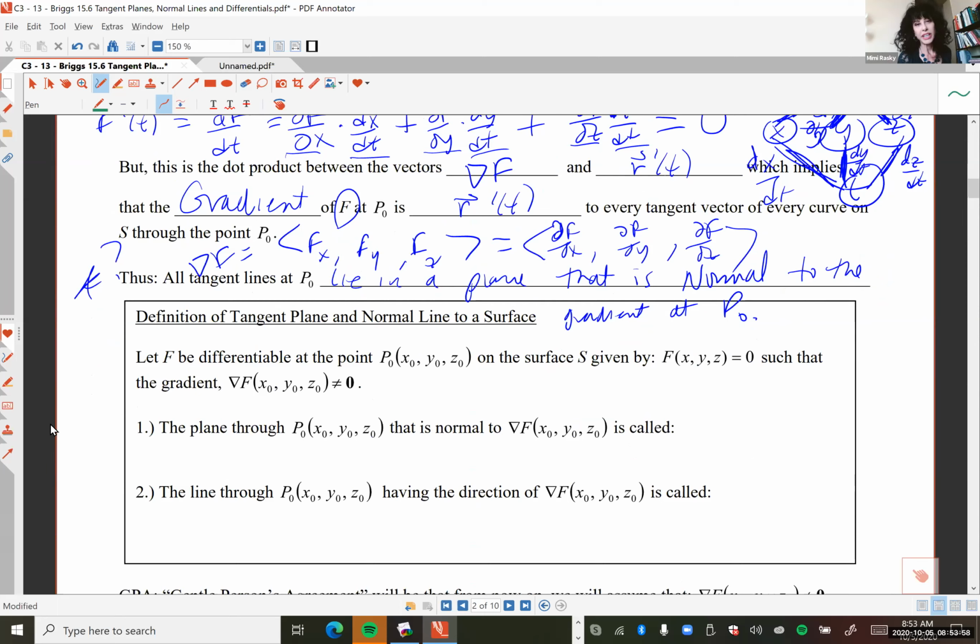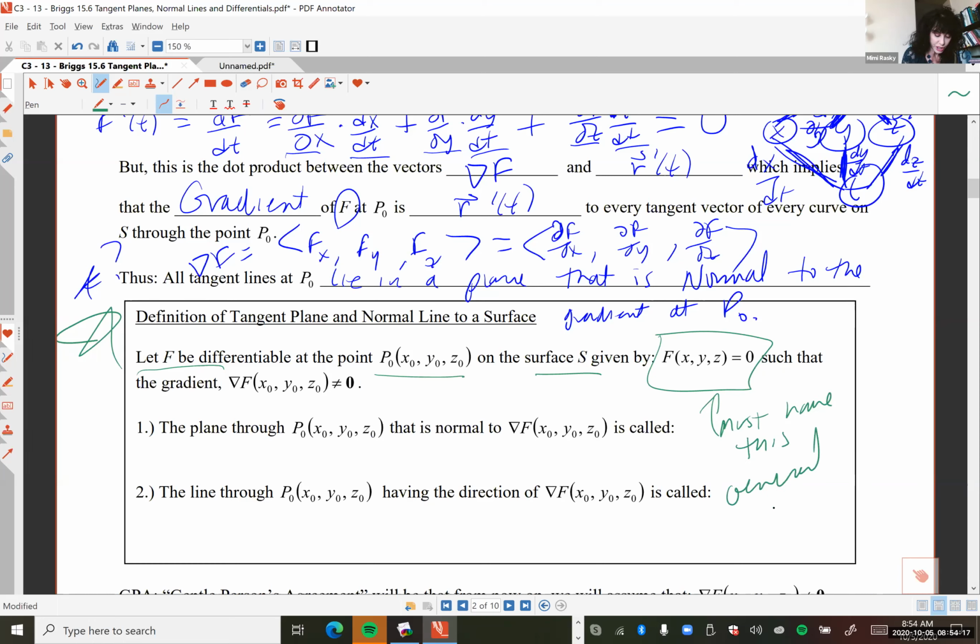So now we're ready to do the full-on definition. If you have big F and it's differentiable at some fixed point P naught with coordinates x naught, y naught, z naught on your surface S, and the surface has to be given by this general representation. If you do not have this general representation for your surface, where it looks like the level surface where the constant is 0, this isn't going to work.